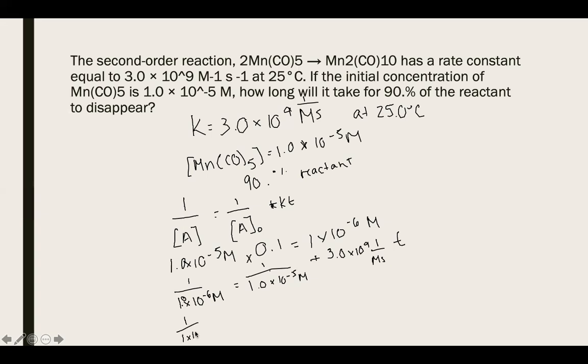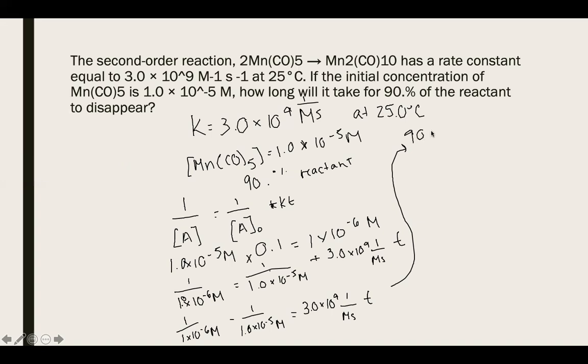So we can say 1 times 10 to the negative 6 molar minus 1 over 1 times 10 to the negative fifth molar equals 3.0 times 10 to the ninth, 1 over molar per second, T. These are both just numbers, so you can plug this into your calculator: 1 divided by 1 times 10 to the negative 6th, and subtract 1 divided by 1 times 10 to the negative fifth.